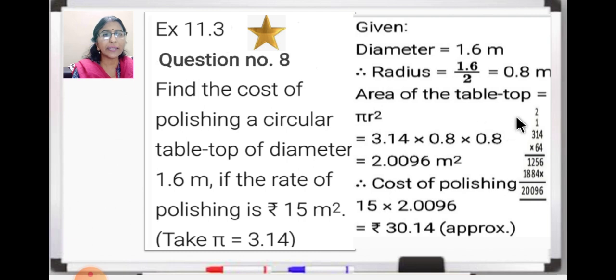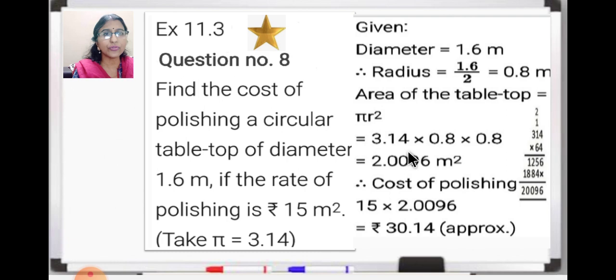Now area of the tabletop will be pi r square. As we have to give polish on the surface, we need to find out the area of the circular tabletop. As the value of pi is given in the question, we have to take 3.14. So we'll write is equal to 3.14 into 0.8 into 0.8.